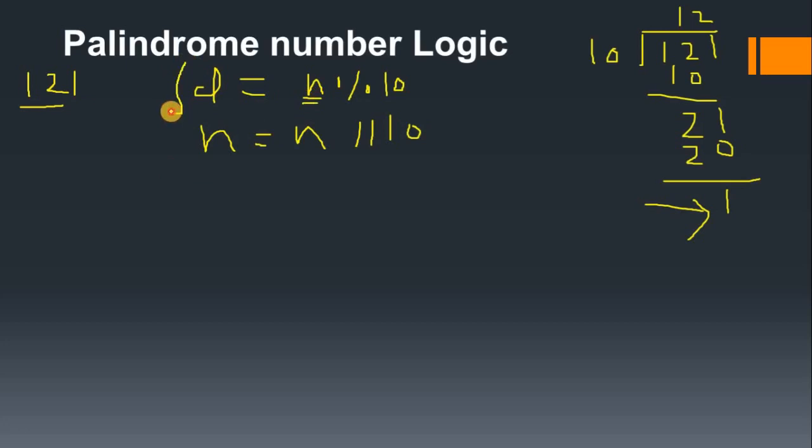Means this statement we will include in the looping statement so that it will execute till the criteria is satisfied. So in the next attempt the value of n will be 12, so the remainder will be 2. Then again in the next attempt the value of n will change, that is 1. So in this way 1 modulus 10 will return the value 1.